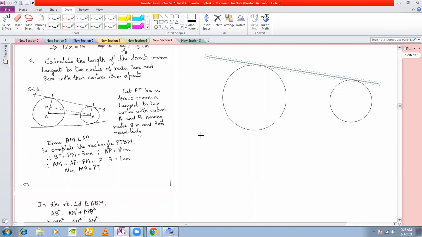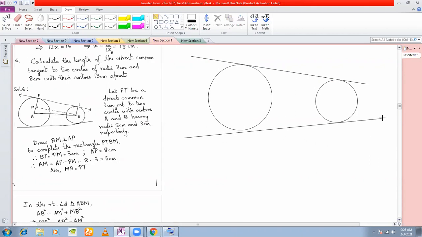And you can also have a tangent like this also. Let's say this is a point of contact, point of contact, point of contact, point of contact. Such tangents are called direct common tangents. Okay.